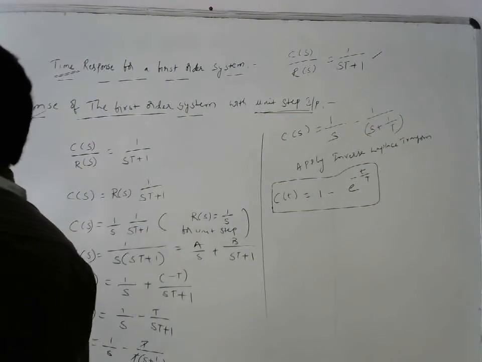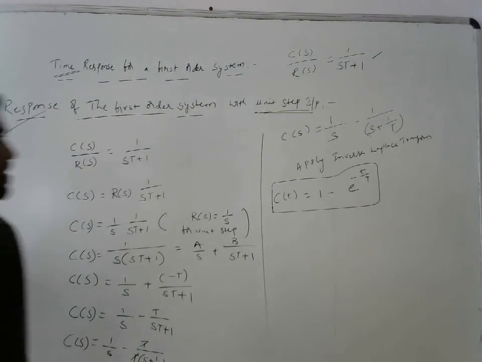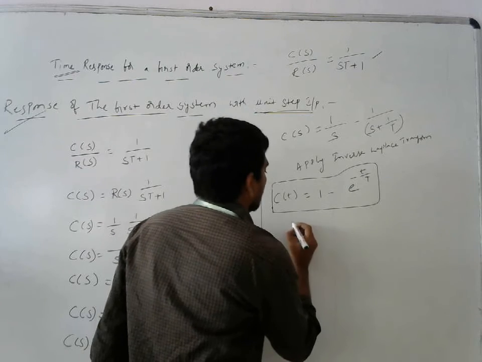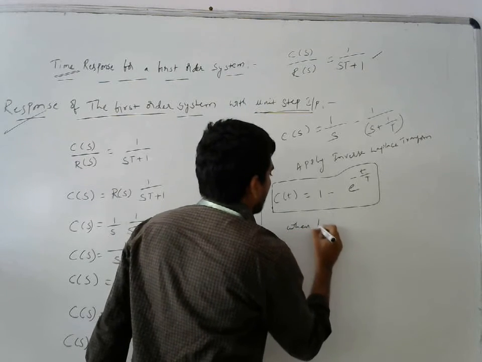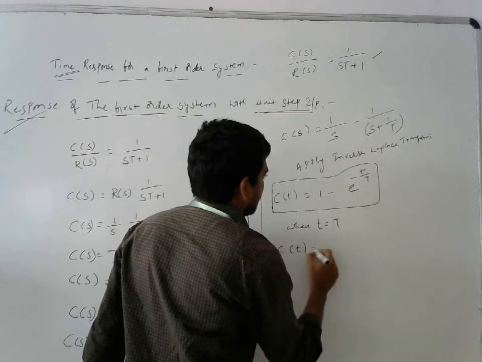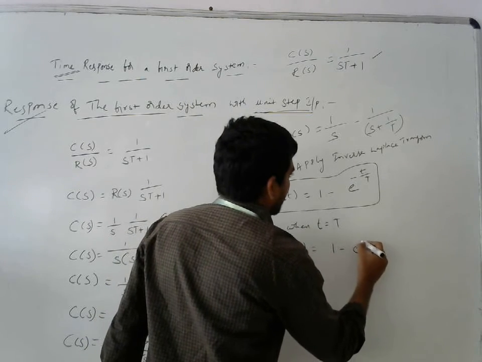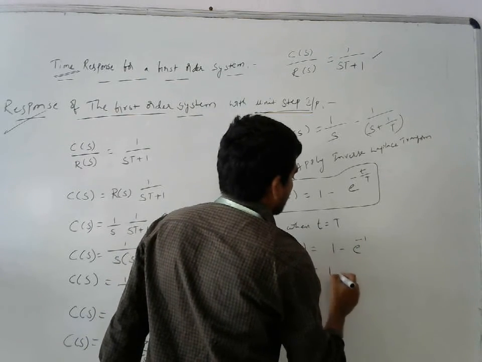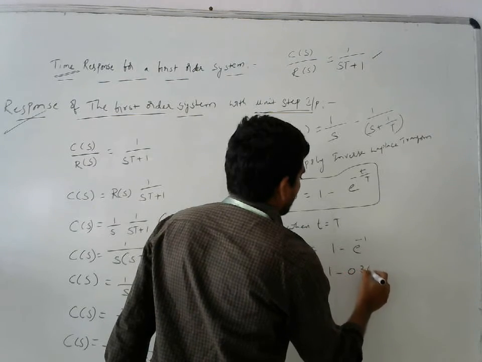For example, when small t is equal to capital T, what will happen? What is the C of t value? C of t is equal to 1 minus e power minus 1. That means 1 minus 0.368.